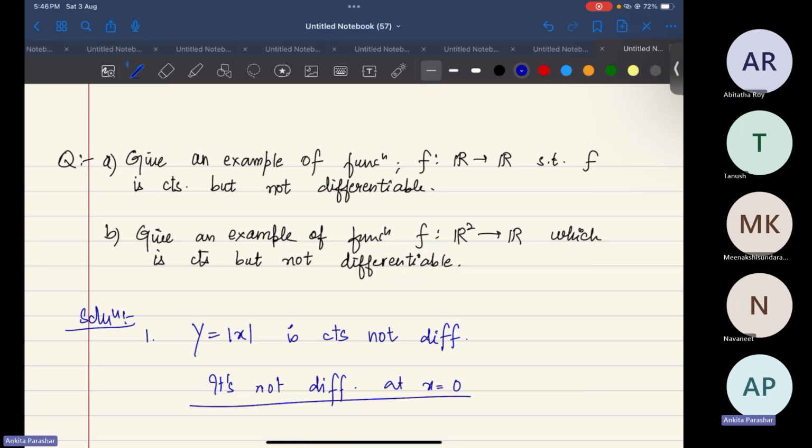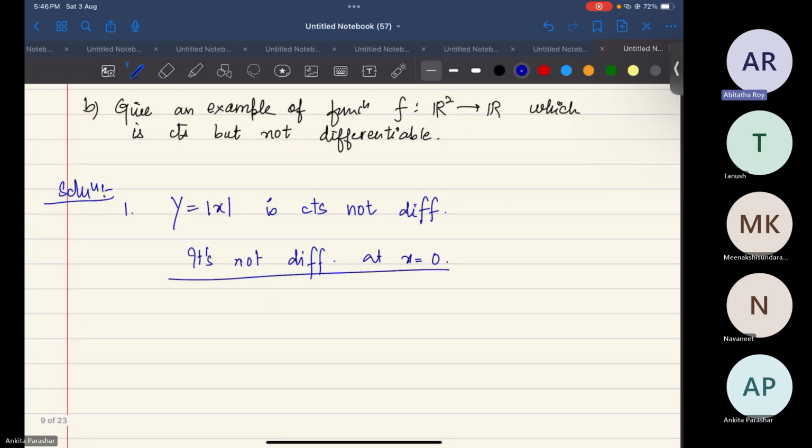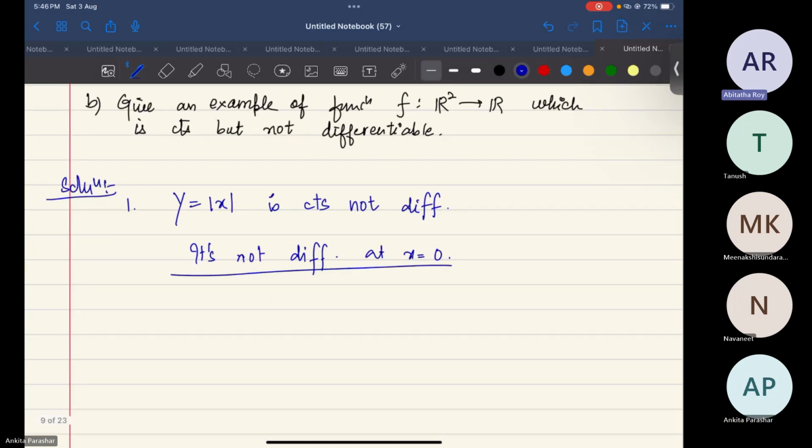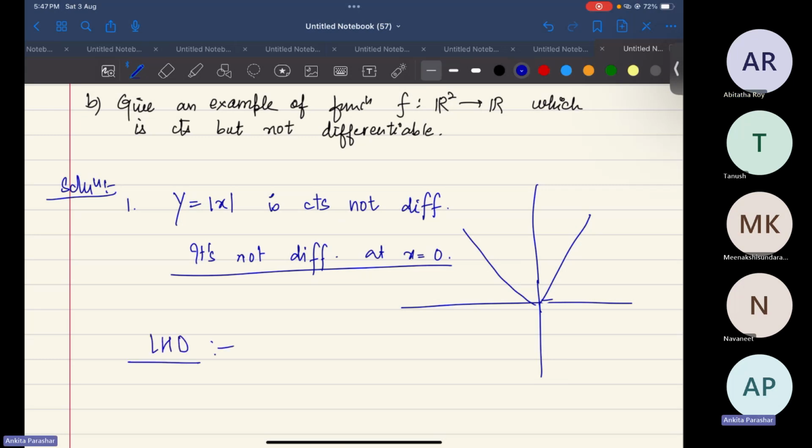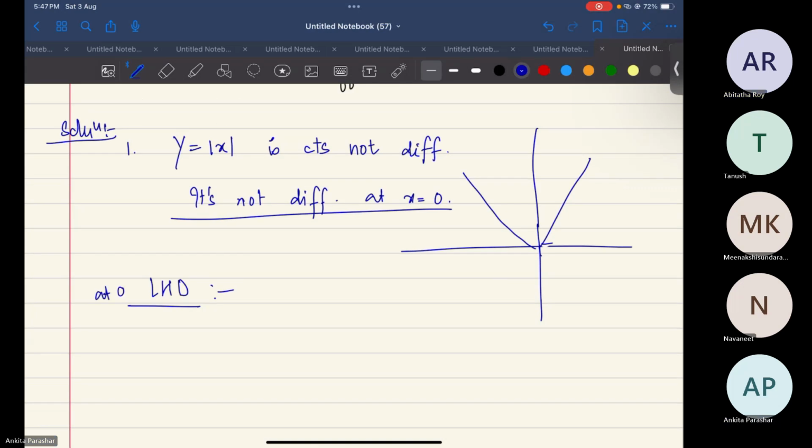And what is the issue? It forms a sharp corner at x equal to 0. That is one geometric way to say it. But how do you prove that it's not differentiable? The left hand derivative and right hand derivative will not be equal. Can you tell quickly at 0?